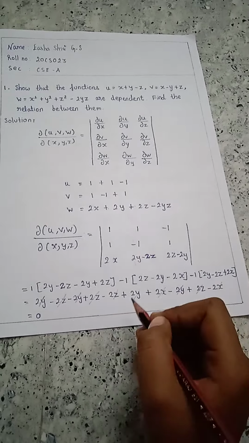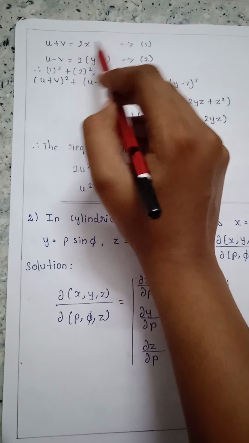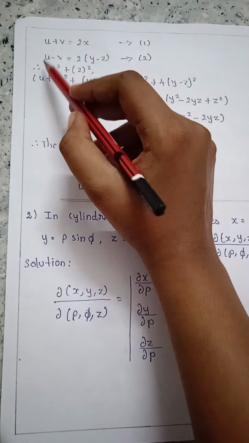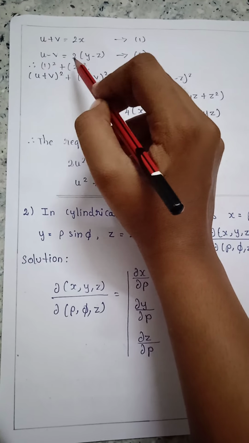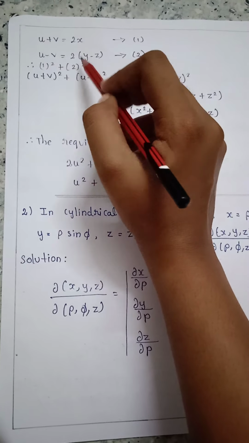Next, u + v is equal to 2x. This is our first equation, and u - v is equal to 2(y - z). This is our second equation, and we add these two equations after squaring.